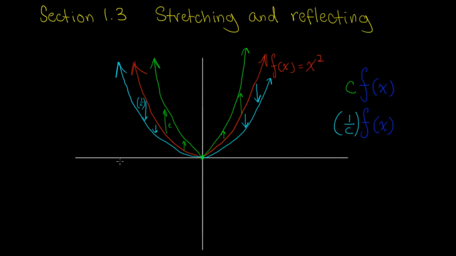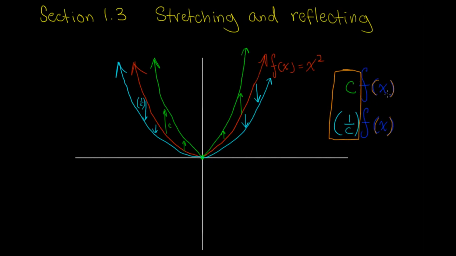Alright, now that's vertical. Anything where you have a function being multiplied by a constant, and that's outside of your argument. Remember, I like to call this the argument of function f. X is our argument.